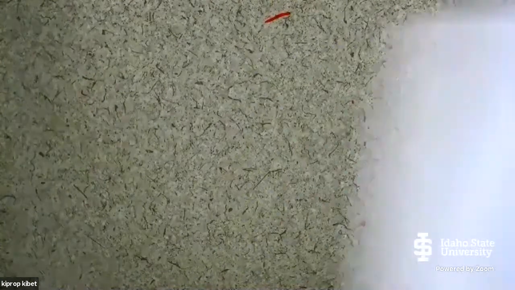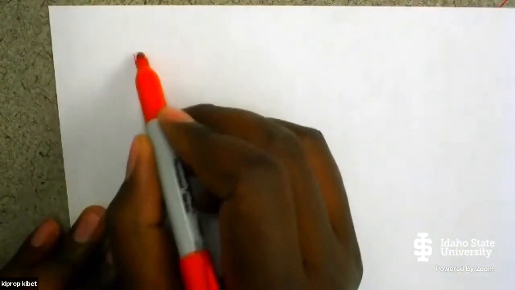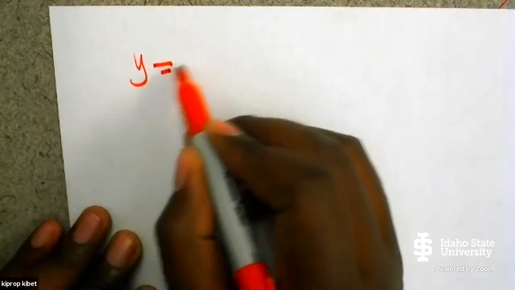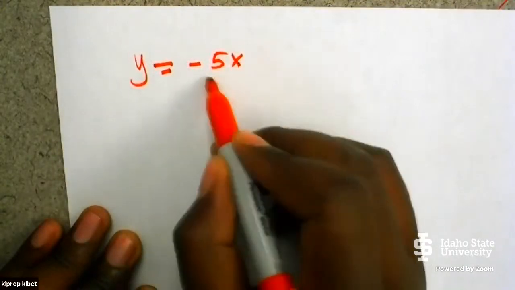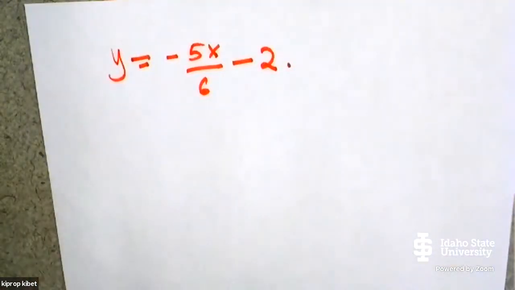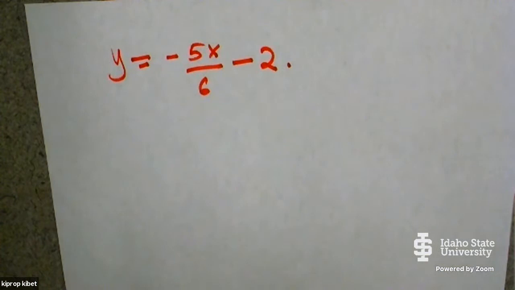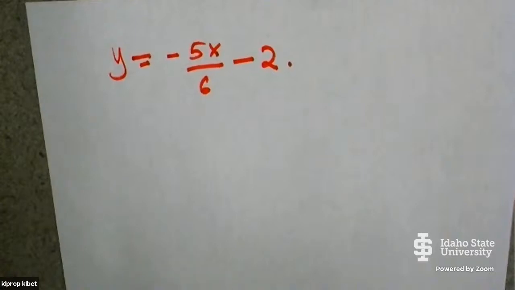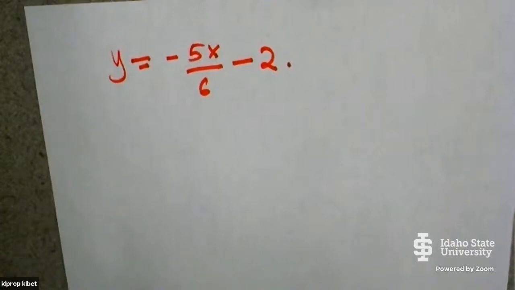So, for example, graph the line y equals -5x over 6 minus 2, using the slope and the y-intercept.